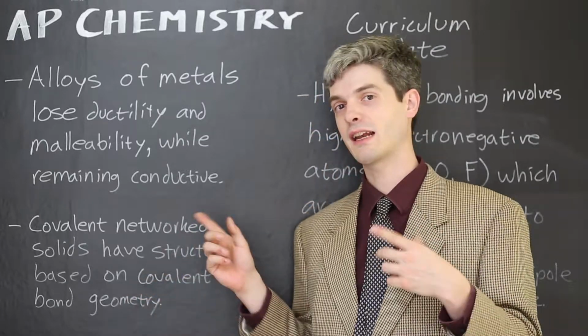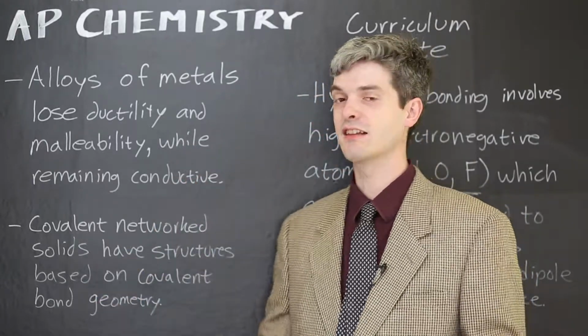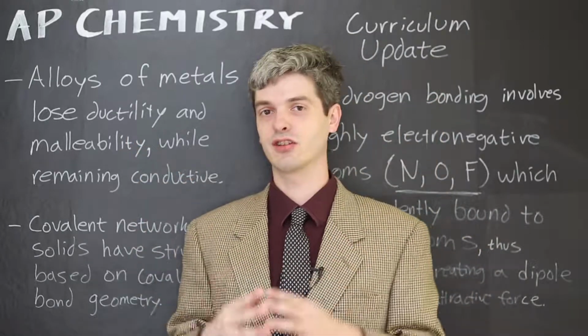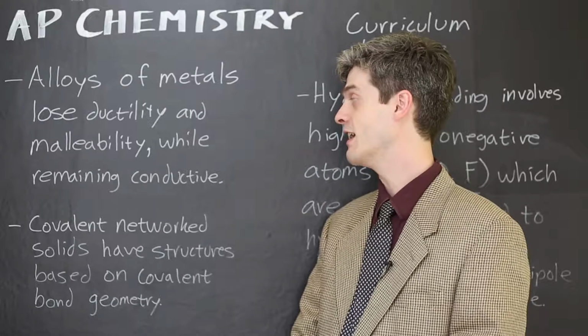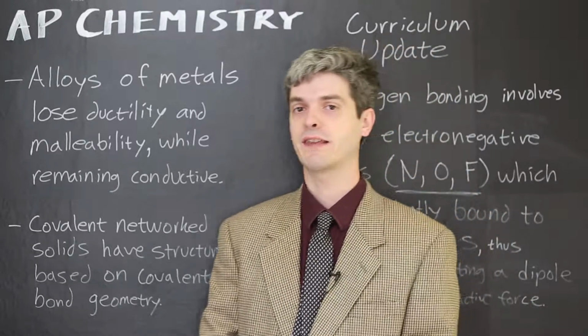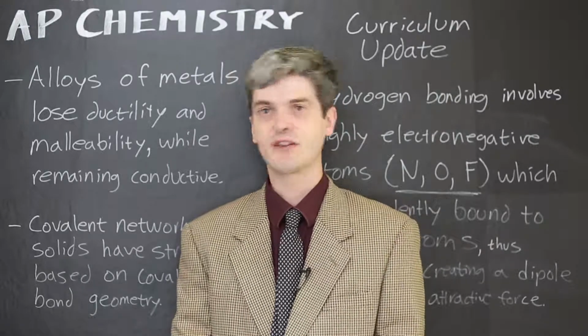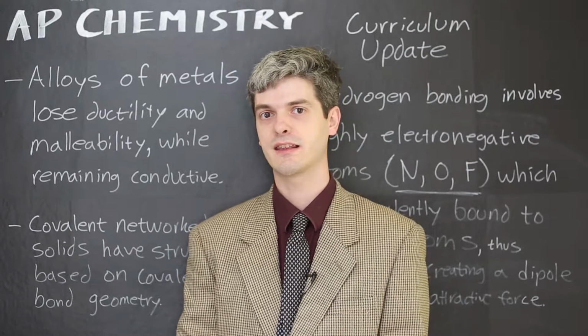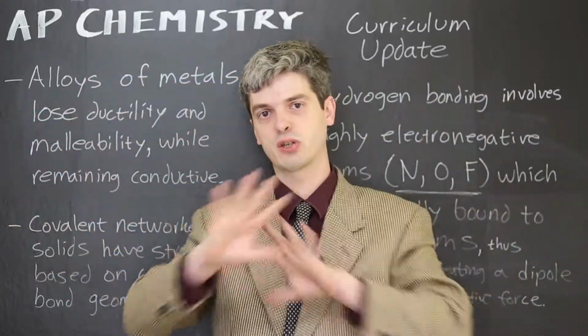So when you make an alloy, it's going to end up having less ductility and malleability than the two metals that it began with. However, it will retain conductivity, okay? And that's because when you have a metallic solid, even if it's different atoms, they will still all be sharing electrons between the nuclei.